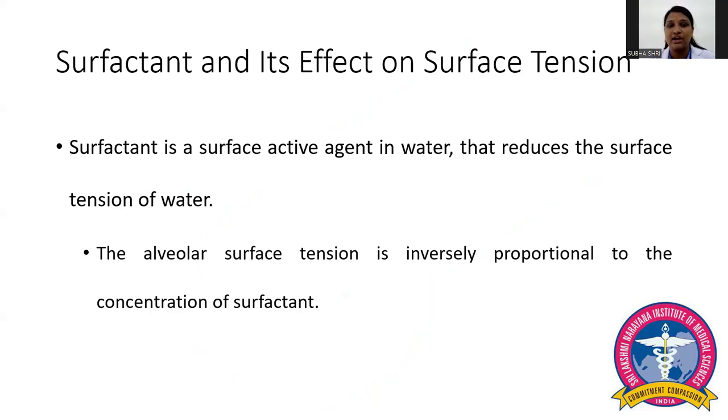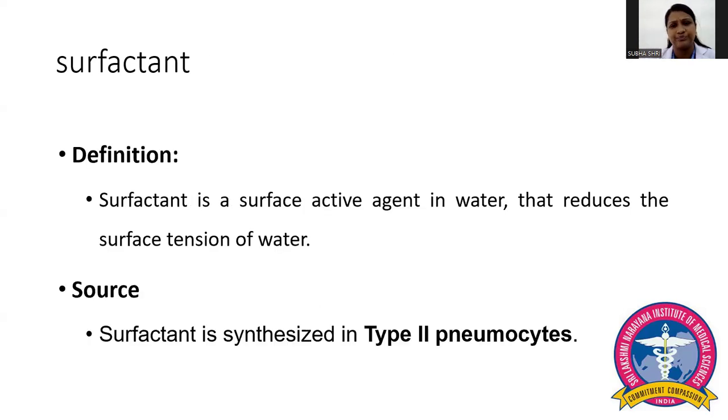Okay, so this surfactant is inversely proportional to surface tension. That means whenever surfactant is more, surface tension will be less, and whenever surfactant is less, surface tension will be more. So what are surfactants? Finally, they are surface active agents which will try to reduce the surface tension.